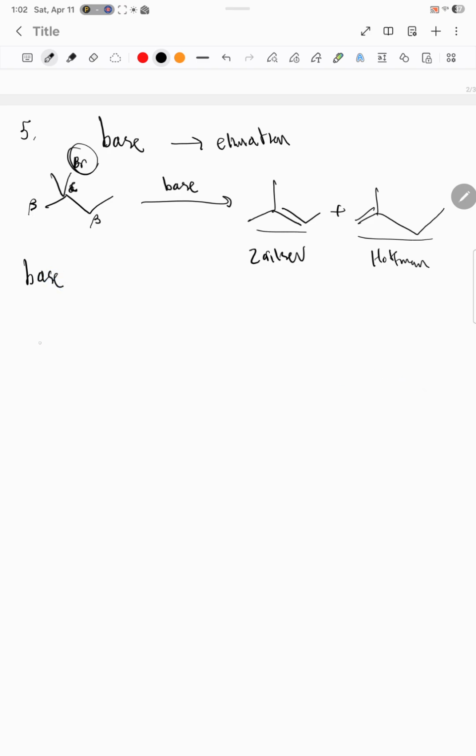Now, one thing we need to note is if the base is like ethoxide, then this is considered small sized. In other words, the lowest sterics. What does that mean?